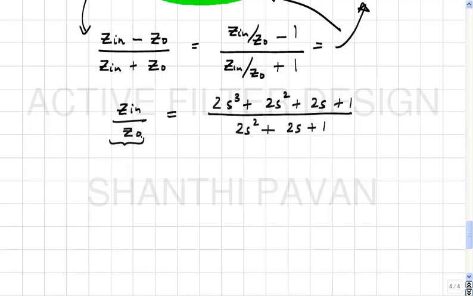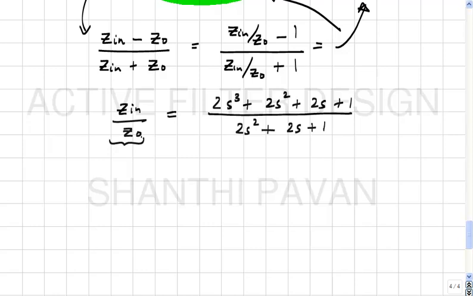This expression on the right hand side is the normalized input impedance that the LC network loaded by Z0 must present to the input, in order that the power dissipated in the LC network and the load is what we want, which means that the transfer function from input to output is mod h of j omega square.